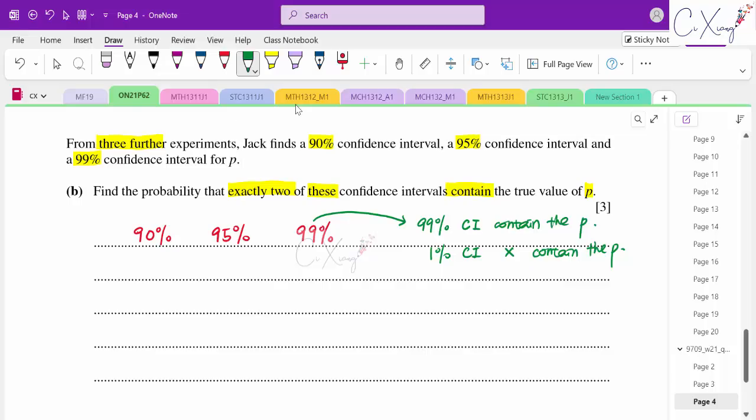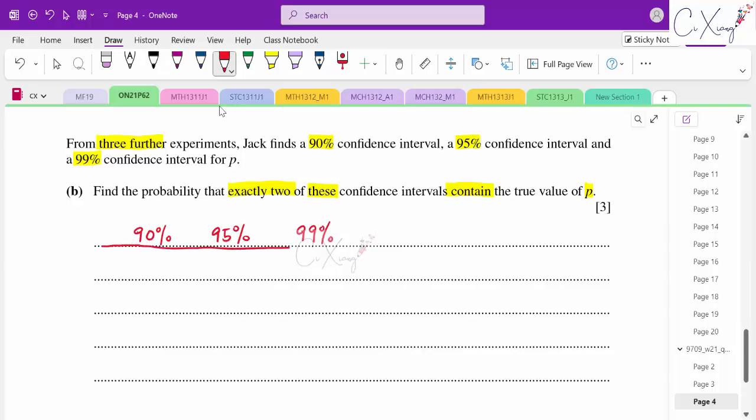We have three confidence intervals now, and we are interested to know the probability that exactly two of these three contain the P. So we can consider what possible cases we have.